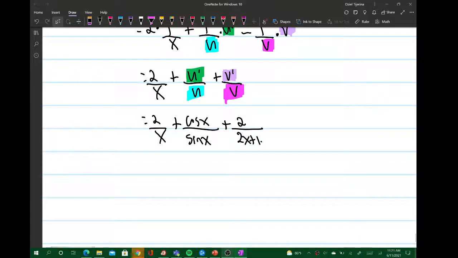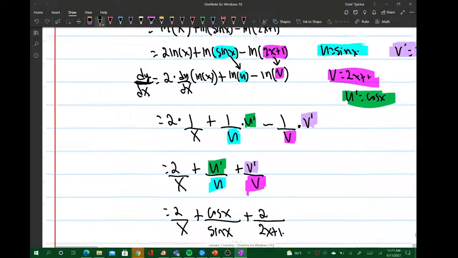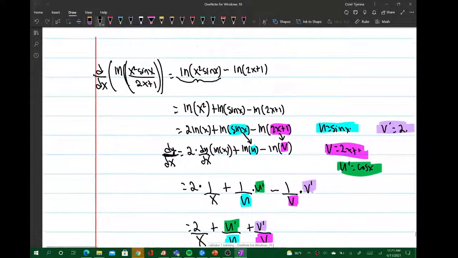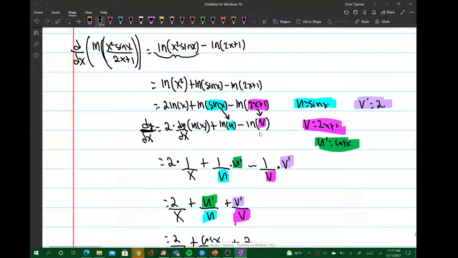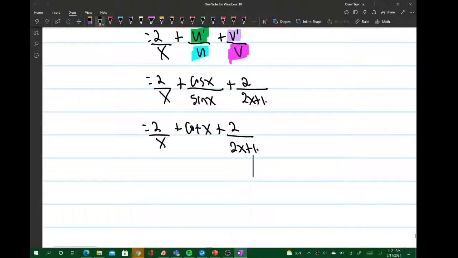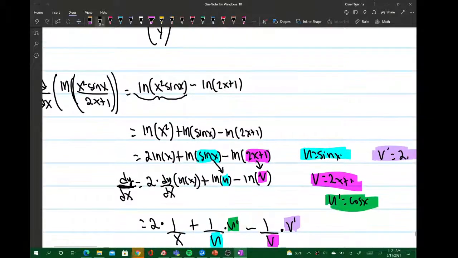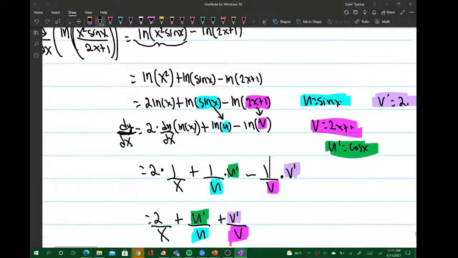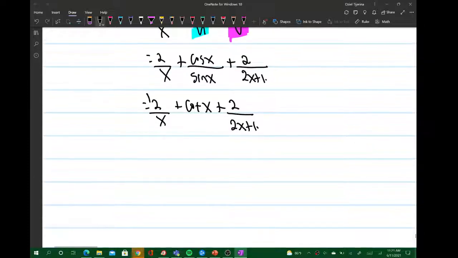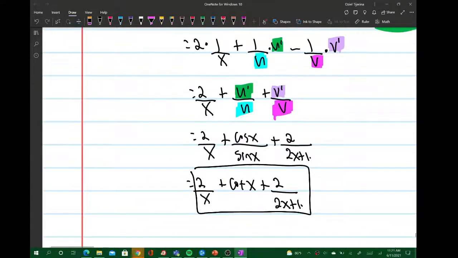So this is going to be 2 over x, and then cosine of x over sine of x, that's cotangent of x, plus 2 over 2x plus 1. And so, in reality, this is what the derivative would be for this one.